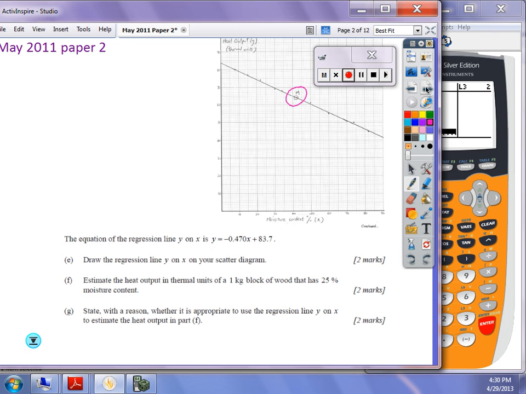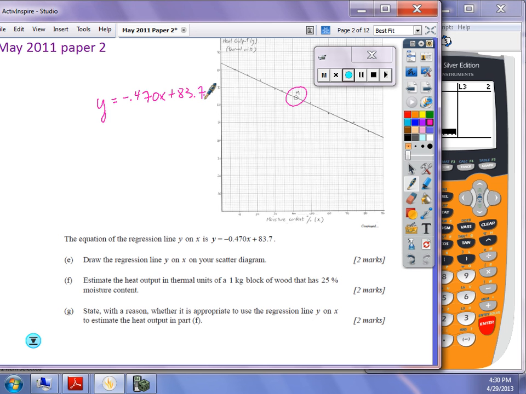If I go back to the graph, you can see that the line of best fit, which is actually given to you in the problem, is then marked on the graph. Here's the way you should graph that line. Look at your equation: Y equals negative 0.470x plus 83.7.